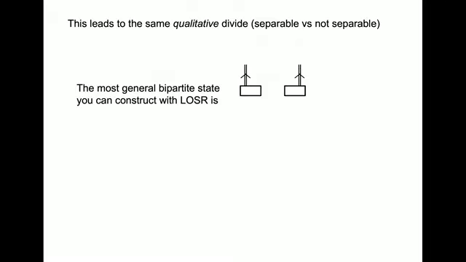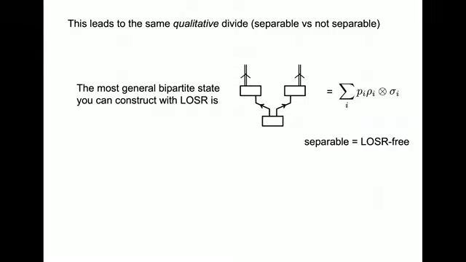Here's the most general local operation. And now we can correlate our choice of local operations with this shared randomness. So that, writing it out algebraically, it's just some classical probability distribution that we're using to correlate these product states rho_i tensor sigma_i. So this is the most general state you can prepare in this resource theory. And this is, of course, just the form of a separable state.